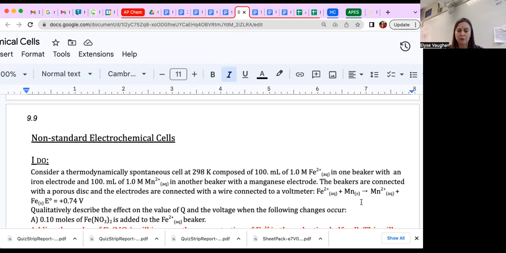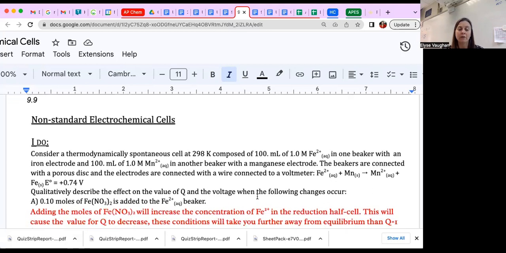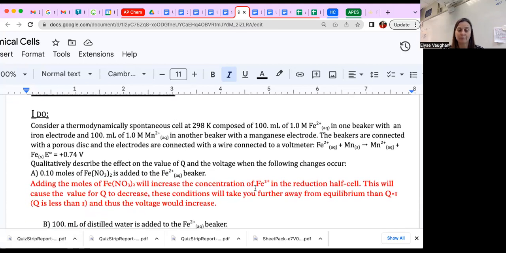And if we think about the Q for this equation, it's going to be the concentration of the manganese ions, and because that's a solid, we leave it out, divided by the concentration of the iron ions. So if our manganese stays the same and our iron increases, that makes our Q smaller. And that means that we are getting farther away from equilibrium. And so it is going to increase the cell potential or the voltage.